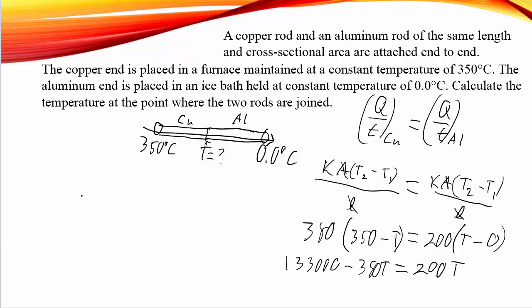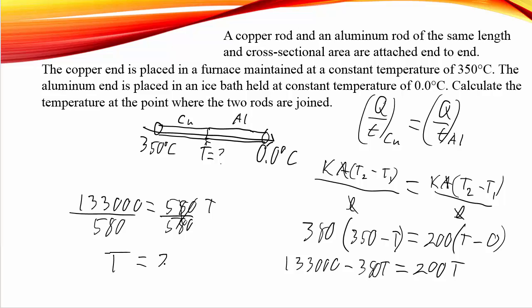If we move up over here, we got 133,000. I'm going to add 380 to both sides, so this becomes 580t. Then I divide both sides by 580, and we get a temperature in the middle of 229 degrees Celsius.